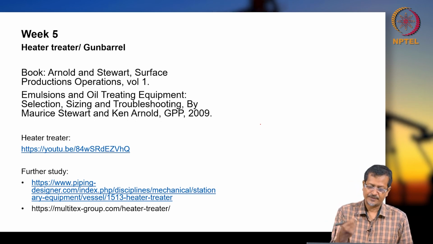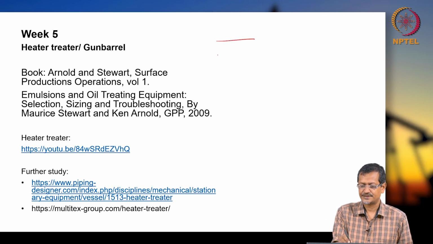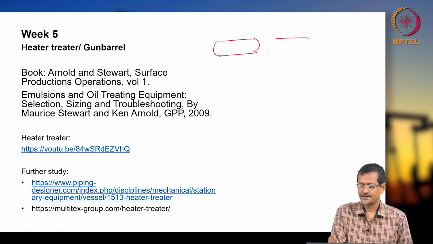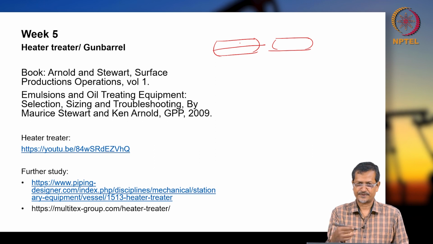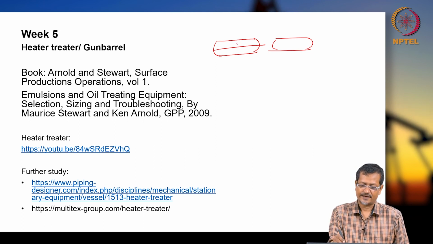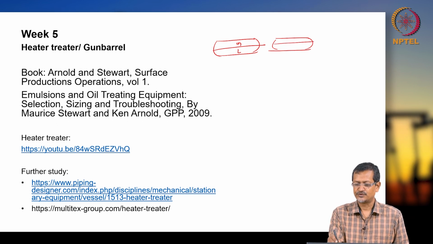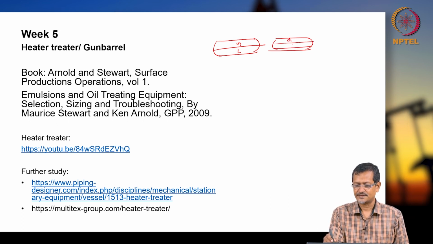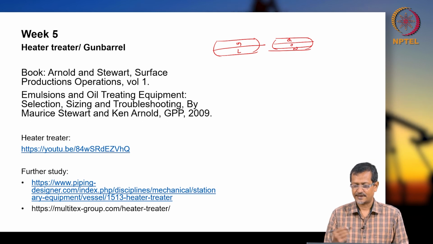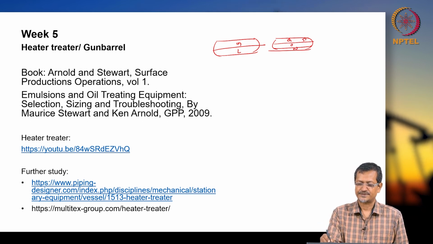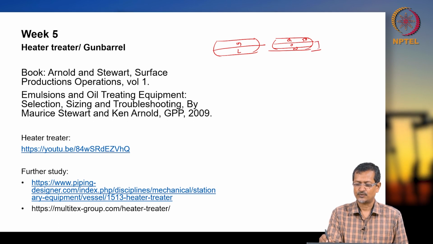In previous lectures we have seen two-phase and three-phase separators, right? In two-phase, we assumed almost 50% gas and 50% liquid. If we assume three-phase, gas, oil and water will be there, and in that case also we assume maybe 50% gas and 50% oil plus water.